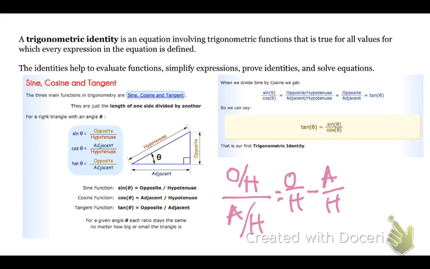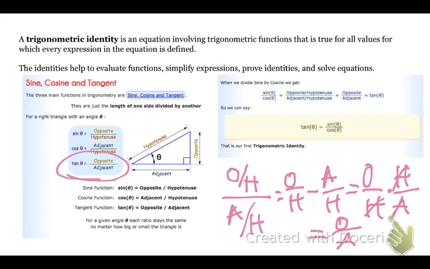Well, we can flip and multiply. So that's opposite over hypotenuse times hypotenuse over adjacent. Those cancel, and I'm left with opposite over adjacent, which is tangent. That's why tangent equals sine over cosine.